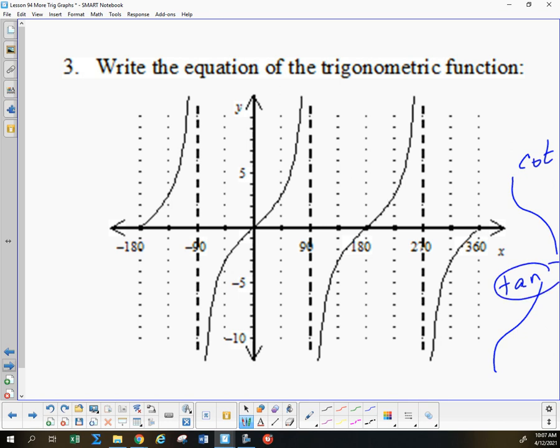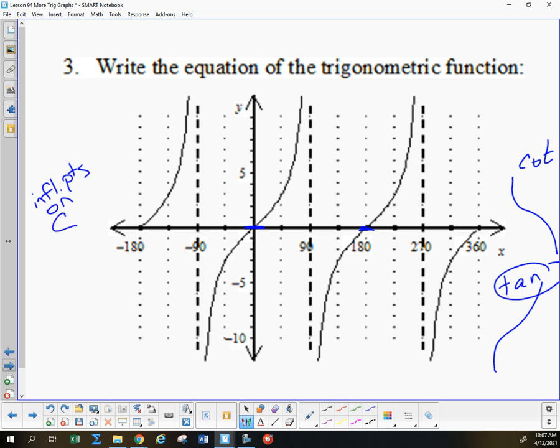Okay, now we need to look on the tangent and cotangent graphs a little bit more carefully. Where are those inflection points? Where does it change from upside down half U to right side up half U? This one happens to be on the axis. So we do look at those inflection points.